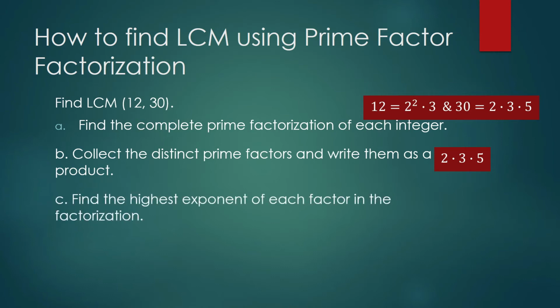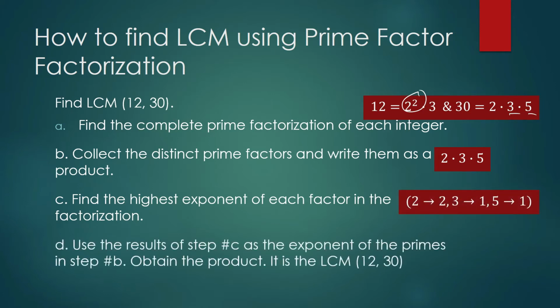And then we will find the highest exponent of each factor in the factorization. For 2, the highest exponent is 2. For 3, it's 1. And for 5, it's also 1. And so the LCM is 2 squared times 3 times 5, which is equal to 60.